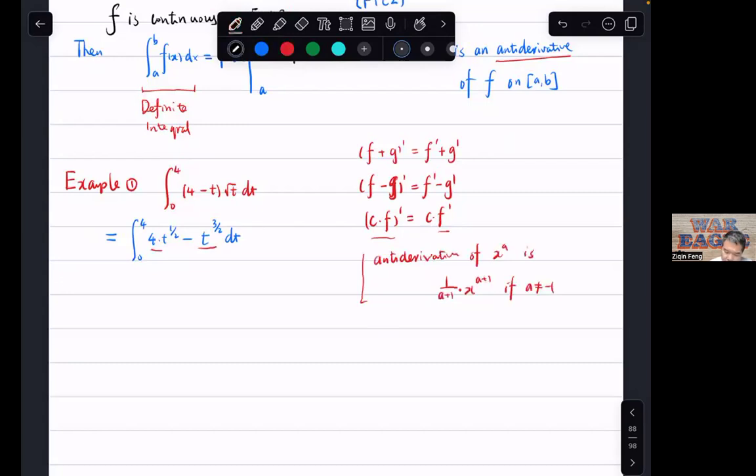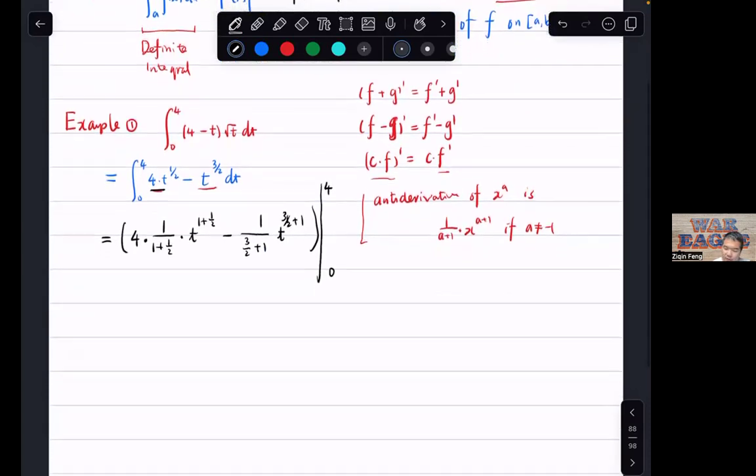We have a constant, but we don't need to worry about it. None of the exponents is -1, so the antiderivative is 4 times 1 over 1 plus 1/2 times t to the power 1 plus 1/2, minus 1 over 3 over 2 plus 1 times t to the power 3 over 2 plus 1. That's the antiderivative. Then you plug in the numbers 4 and 0.